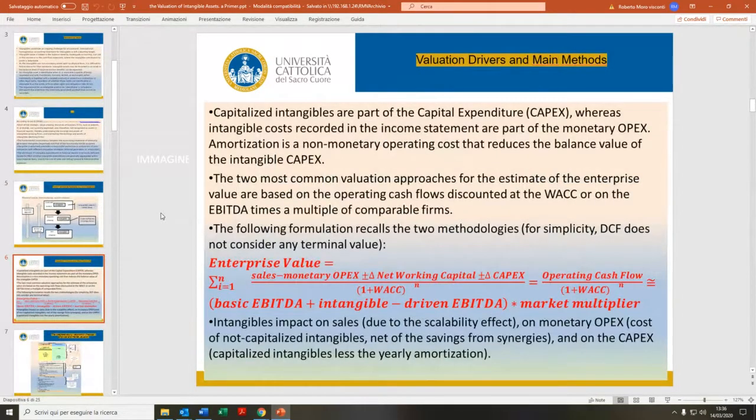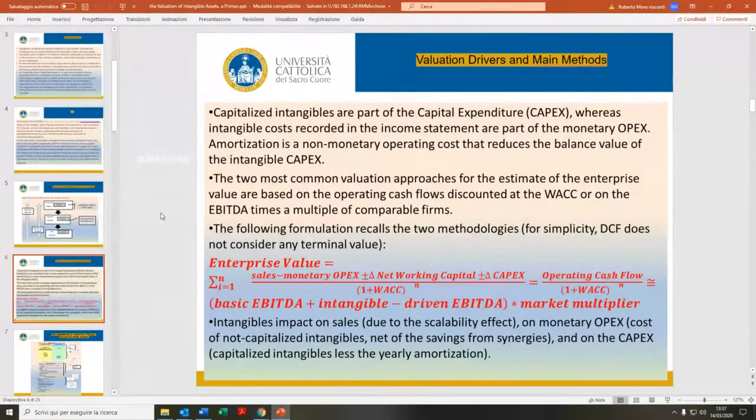Also, we have now here a quite technical slide about valuation drivers and main methodologies of the appraisal of the intangibles. Capitalized intangibles are part of the CapEx, capital expenditure, and so they are part of assets recorded within the fixed assets in the balance sheet.